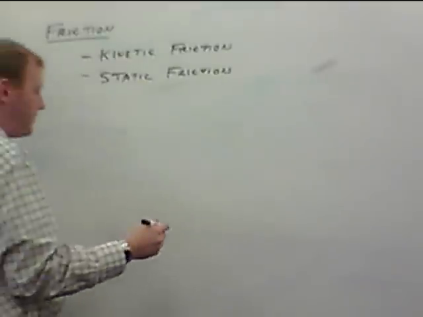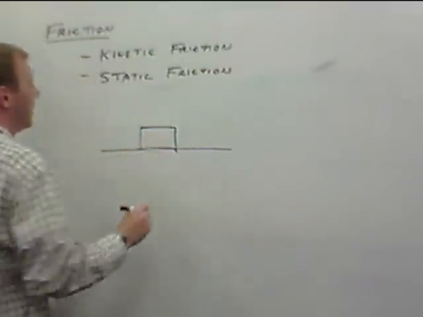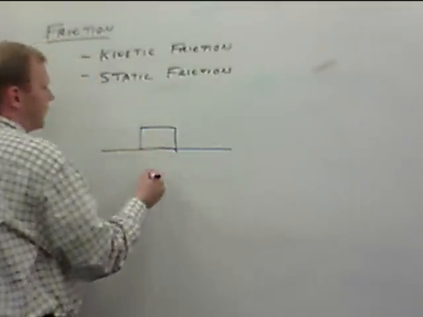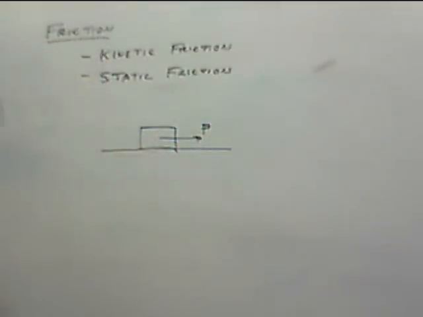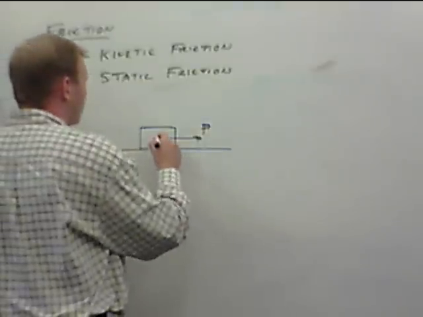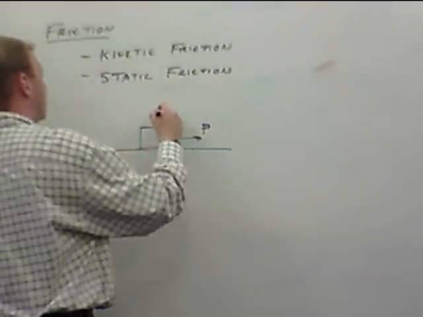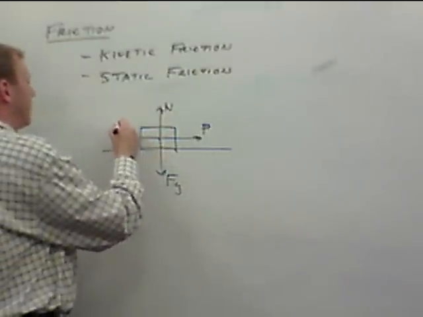Okay, how this works, you've all seen the simple example in physics somewhere along the line, I'm sure. If you've got a block on a surface, there's friction between the block and the surface. You have some pulling force here. This block has a weight, a force due to gravity. There's a normal force from the table, and then friction opposes this motion.